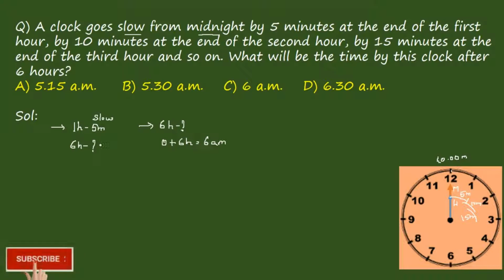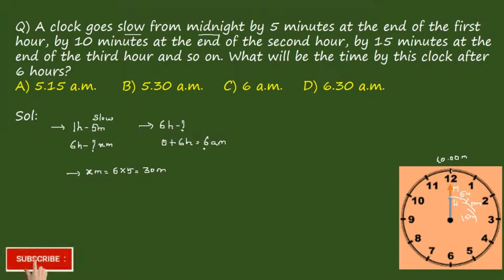By how much? If you consider this x minutes, then x minutes is equal to 6 into 5, which is equal to 30 minutes slow. For 6 hours, it becomes 30 minutes slow.